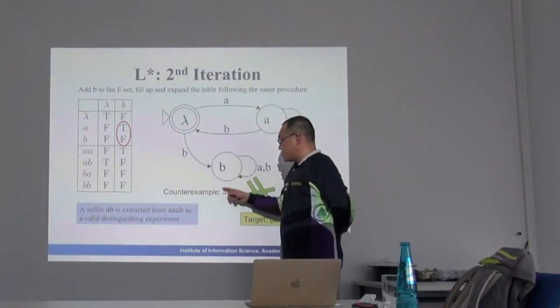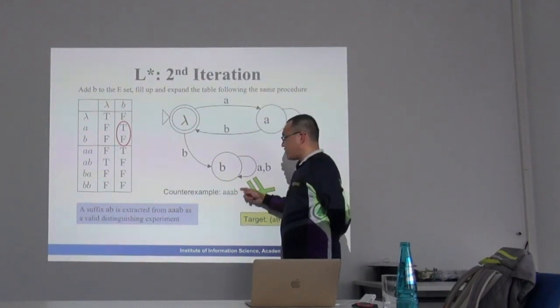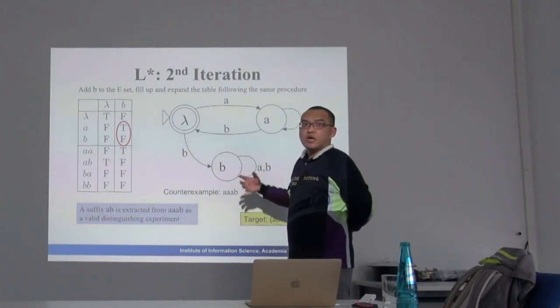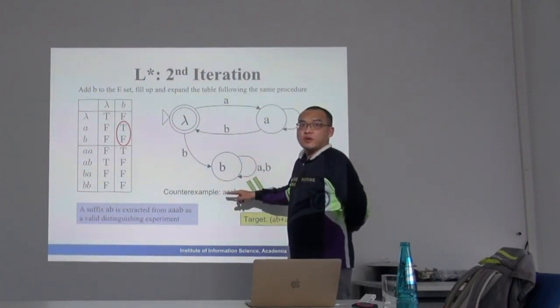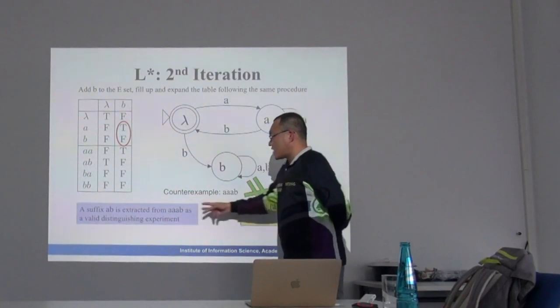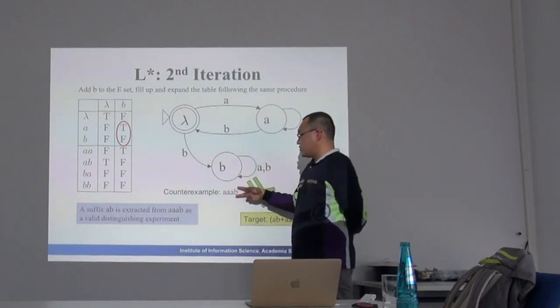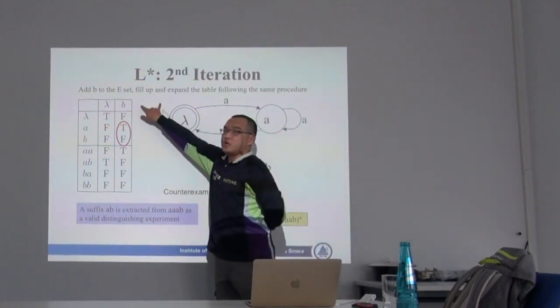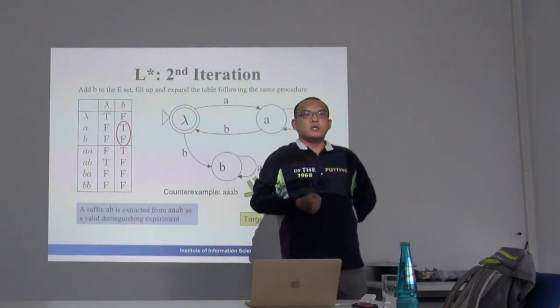So the way to find out the suffix is I can do a few membership queries, but I will cover this part later in the talk. But basically, at least what you can do is add all suffixes of this example to the experiment. If you do so, then you are guaranteed to find one more state.